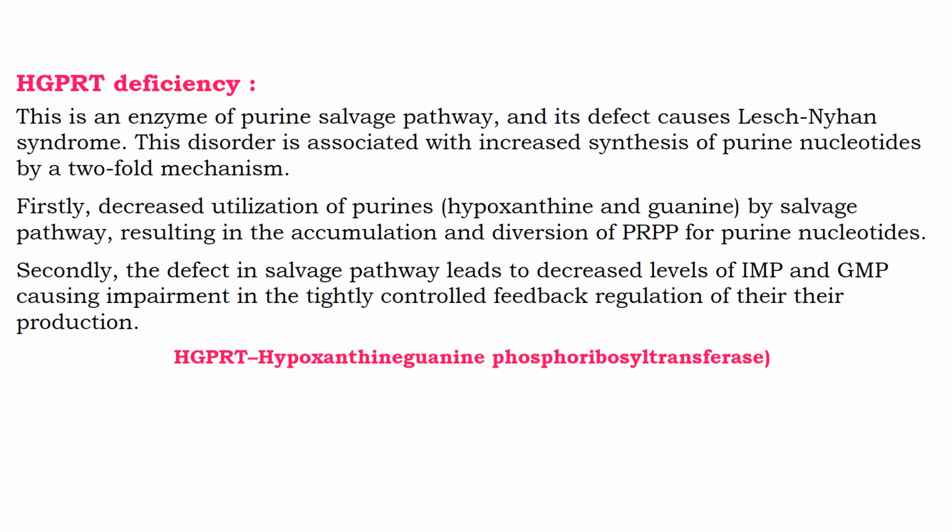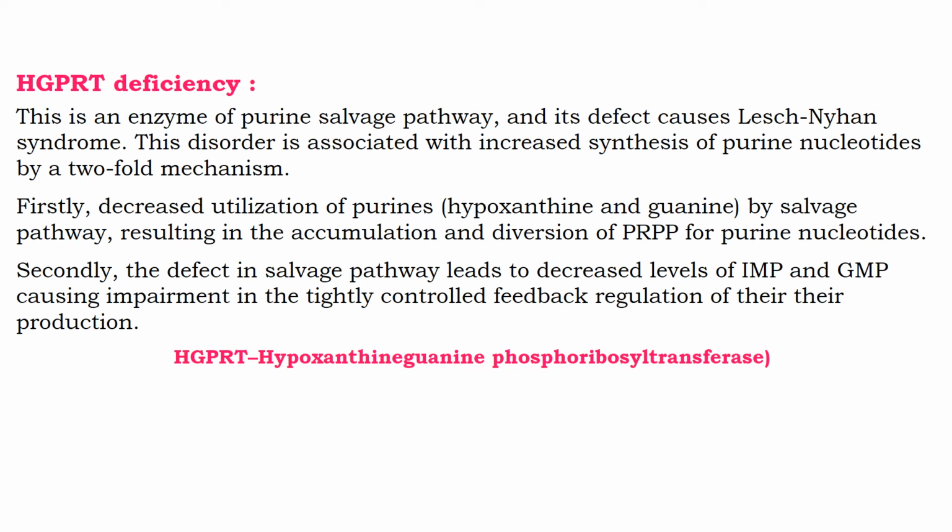Firstly, there is decreased utilization of hypoxanthine and guanine by the salvage pathway, which will result in the accumulation of PRPP and diversion to the purine nucleotides. Because this enzyme is in the salvage pathway, the salvage pathway cannot recycle the free purines. If the free purines are not recycled, definitely there is an increase of purine nucleotides.